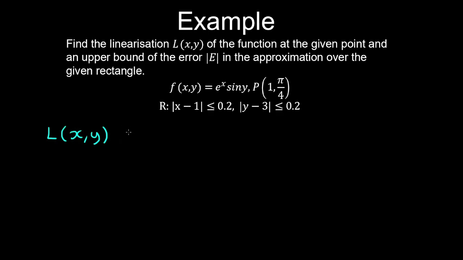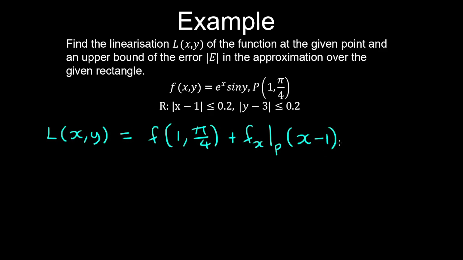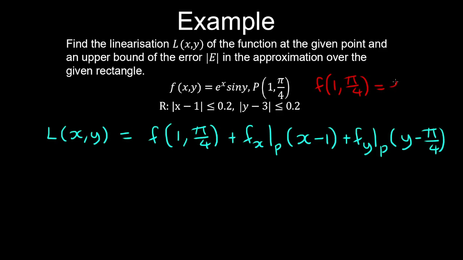So we have the linearization at point P is the function evaluated at P. So we have the function of 1 and pi on 4 plus the partial derivative with respect to x evaluated at P by x minus the x coordinate plus the partial with respect to y evaluated at P by y minus the y coordinate of point P. So evaluating the function at x equals 1 and y is pi on 4, we get e to the power of 1 by sine pi on 4, which is 1 on root 2.